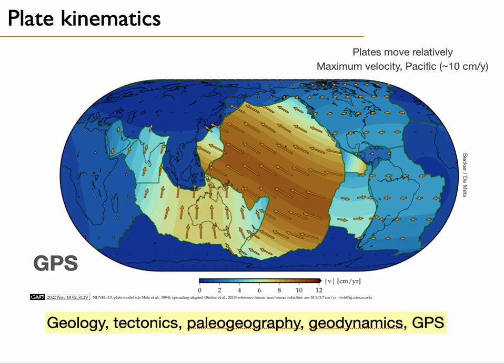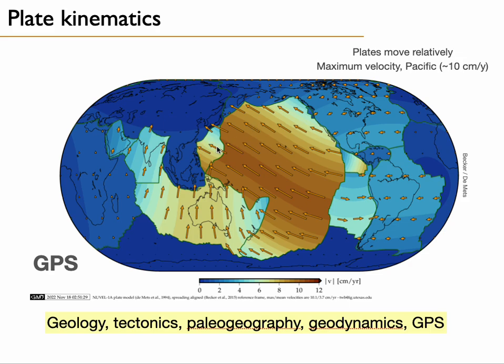So here you see a map view of the Earth, so that's a 2D projection. You see different major plates. Here, for example, the Pacific plate, which is highlighted here in the middle. And you have arrows, and this comes from a GPS model. These arrows indicate the relative motion of the plates. So it's the motion of a plate with regard to another.